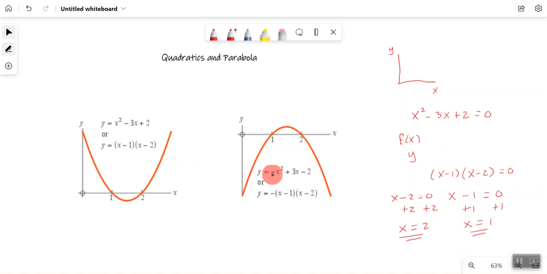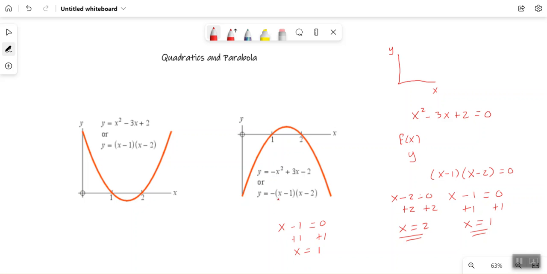This is a quadratic here, x squared minus 3x plus 2. These are the factors for this particular quadratic, and if we wanted to work out the roots, we could say x minus 1 is equal to 0, so we add 1 here, and x is equal to 1.